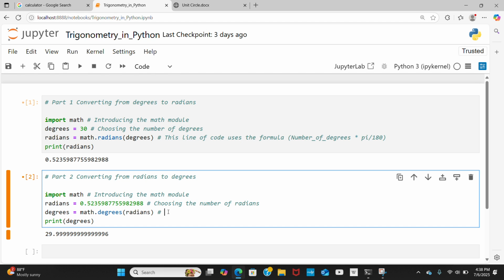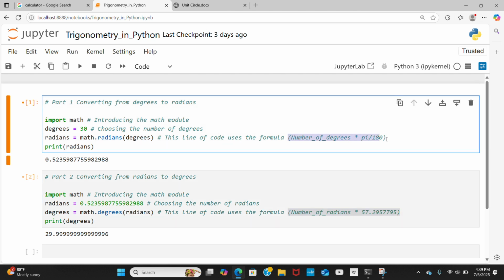Now this line of code uses the formula number of radians, which is this, times 57.2957795. So when you're converting from radians to degrees, you use this formula. When you're converting from degrees to radians, you use this formula.